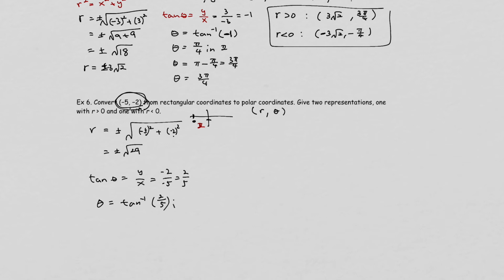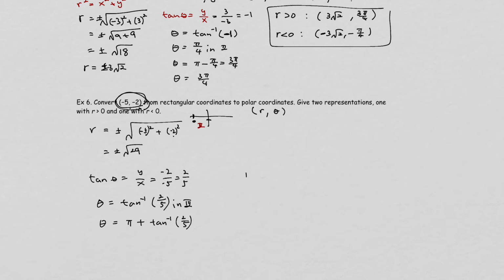The point should be on the third quadrant. So in the third quadrant, theta is going to be pi plus tangent inverse of 2 over 5. You can use a calculator to figure out what angle that is, or leave it as it is in case you don't have a calculator.